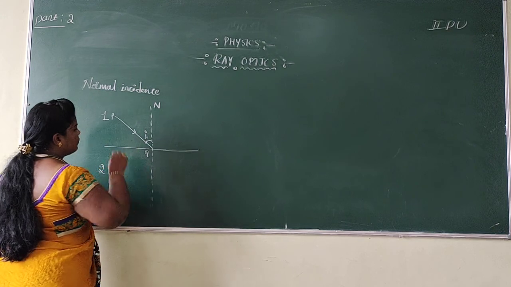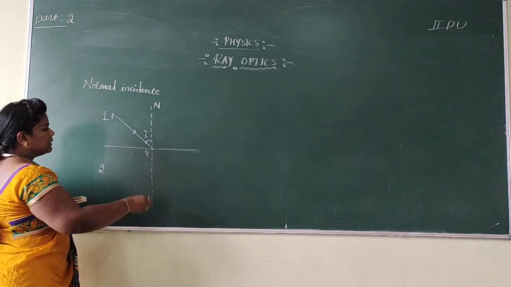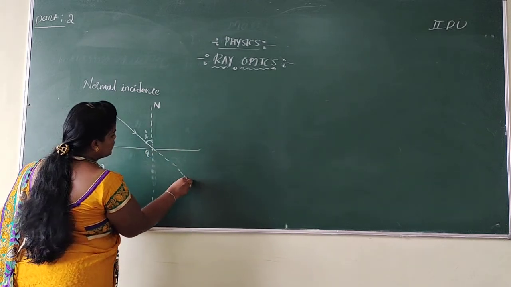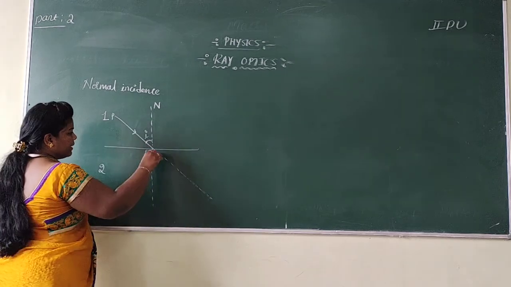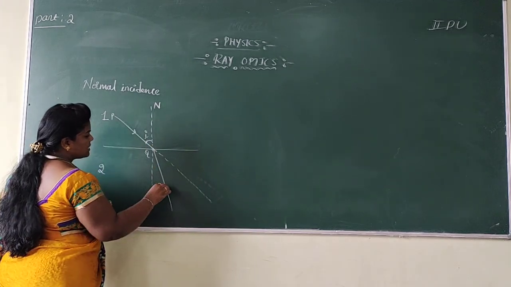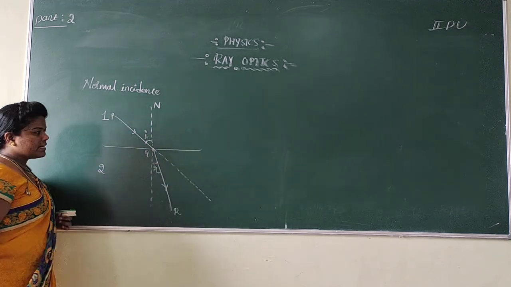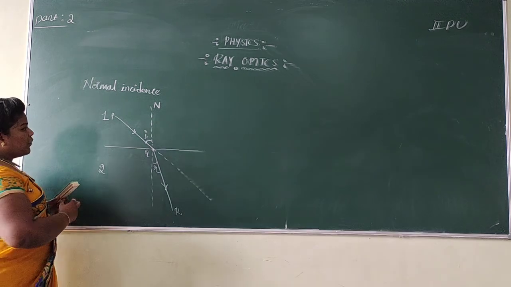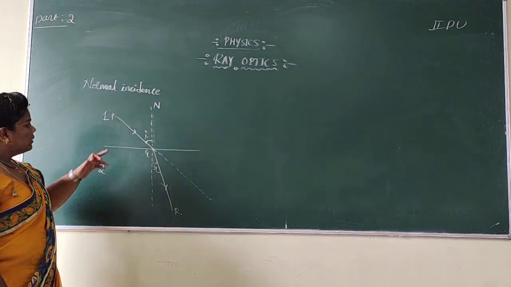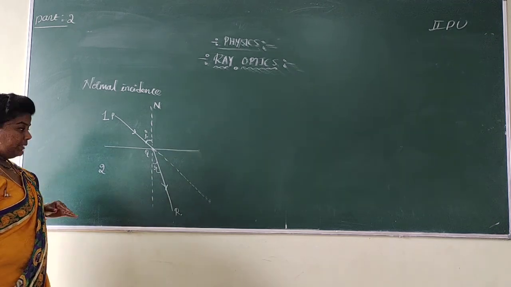If medium 2 was absent, the ray would travel in this direction, right? But due to the presence of the second medium, the ray bends towards this direction, where QR is the refracted ray and r is the angle of refraction. This is for oblique incidence, where the ray of light is incident in a slanted way.